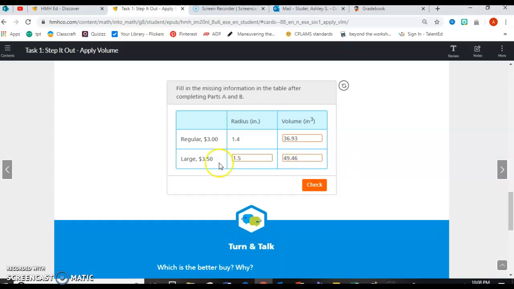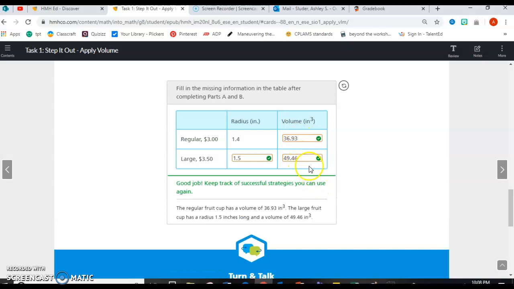So notice, the price difference is only 50 cents, but because the radius is just 1/10 larger, and of course the height was larger, now we're getting about 15 cubic inches more of fruit. So for 15 more cubic inches, you're only spending 50 cents more. Pretty nifty.